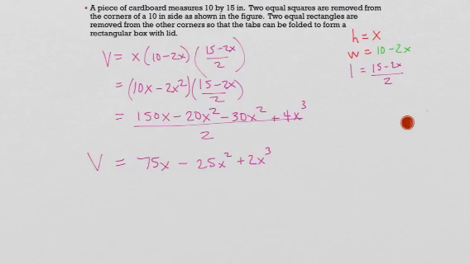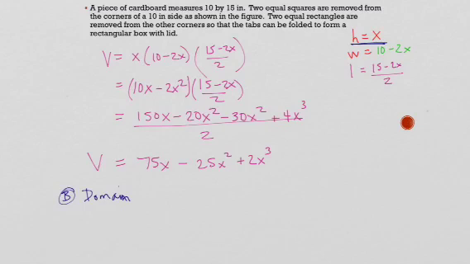Now the next question asks, what is the domain of this function? If it wants to know the domain, I need to understand my requirements for my length, width, and height. So part B to find the domain, I need to know what's going on here. Well, first, x, my height, has to be bigger than 0.